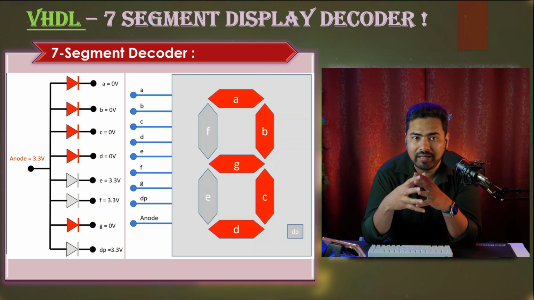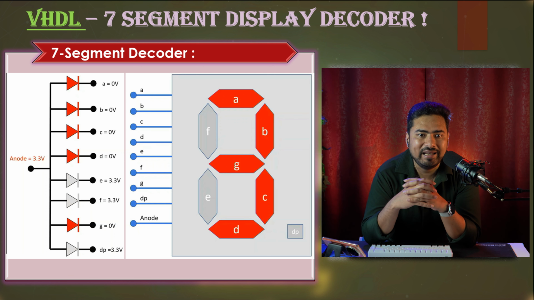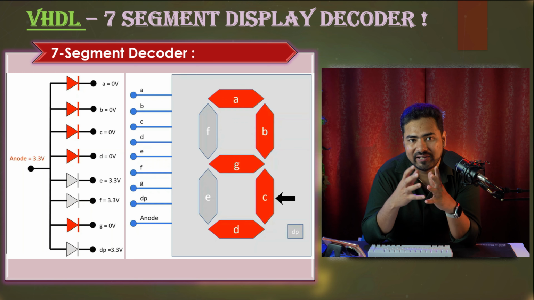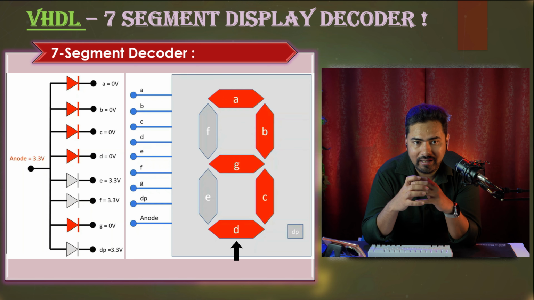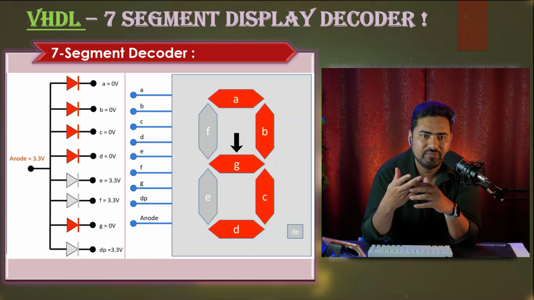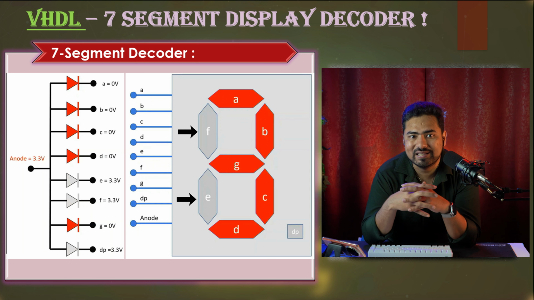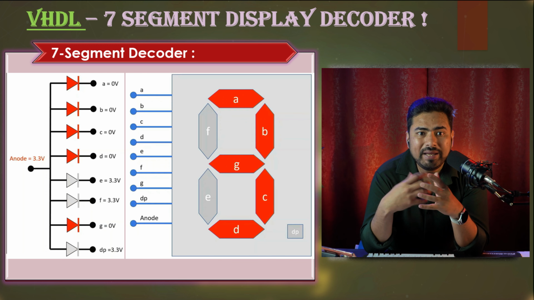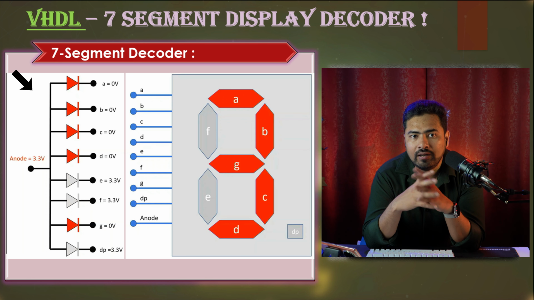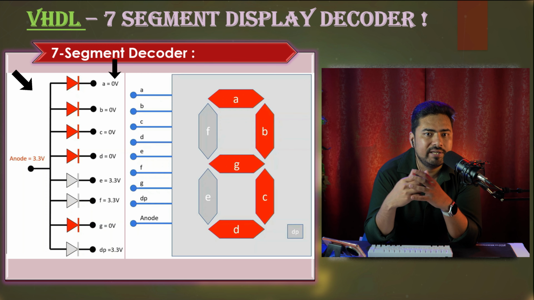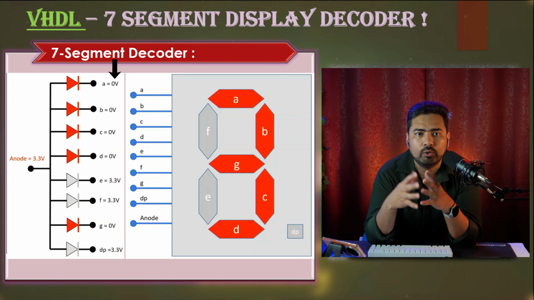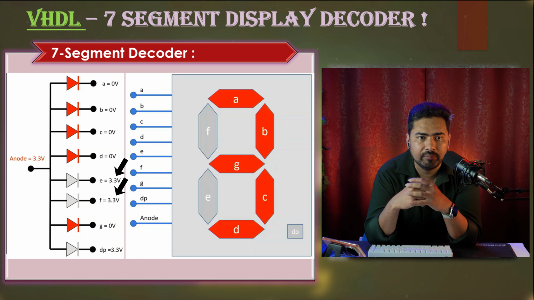So for number 3, we should turn on LED A, LED B, LED C, LED D, and LED G. And LED E and F are turned off at this time. You can see on the left side that the corresponding segments are logical 0 so that they can glow, and segments E and F are logical 1.